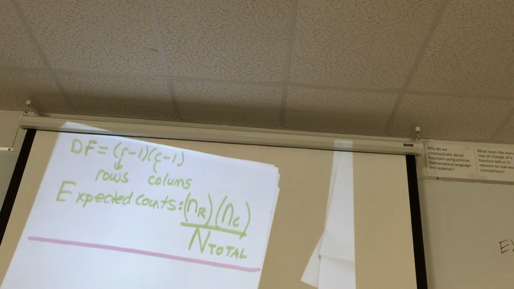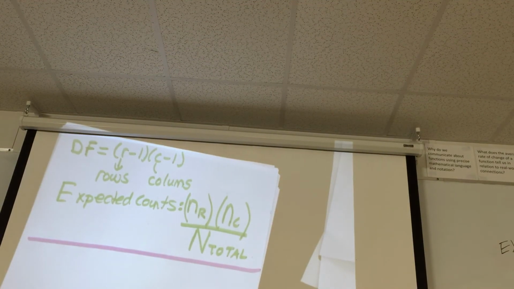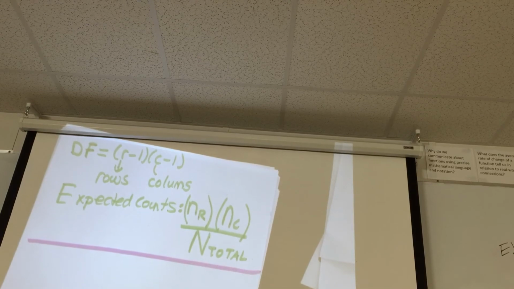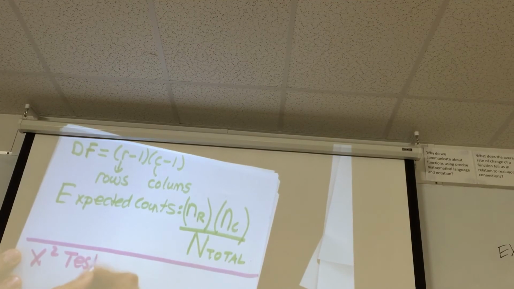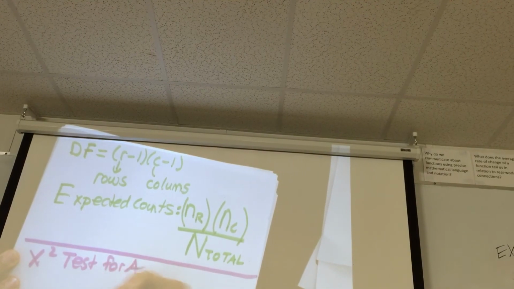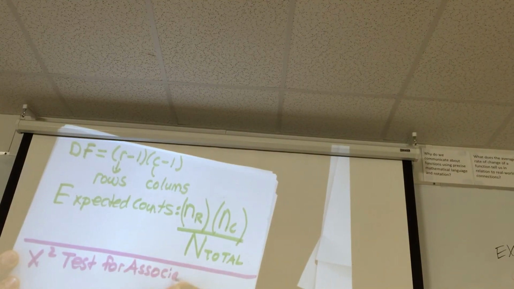Anytime they're asking about association of a categorical variable, we use this test. So we're going to say chi-squared. This would be like name of the test. And you can either write for association or you can write for independence. Doesn't matter.